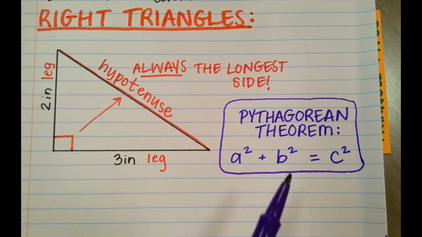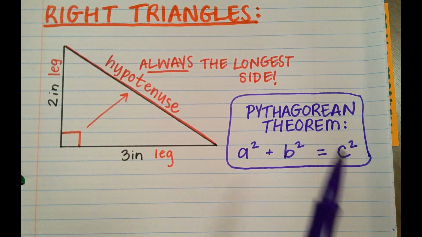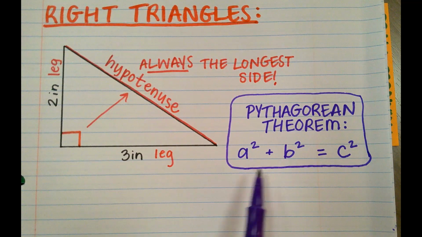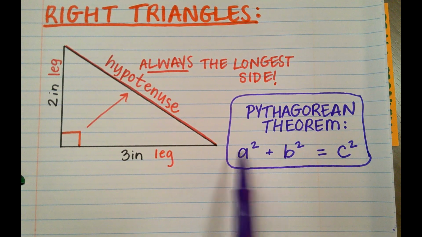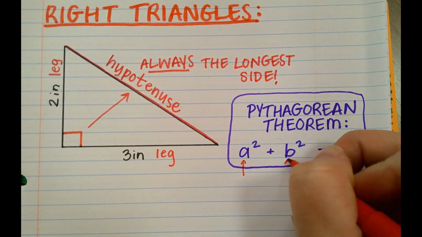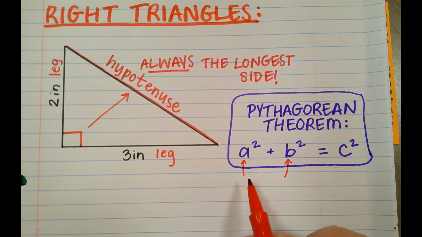Okay, so let's put this into some context. In the Pythagorean theorem, a squared plus b squared, a and b are the legs. So if it helps you to label this, a and b, it doesn't matter which number you put where.